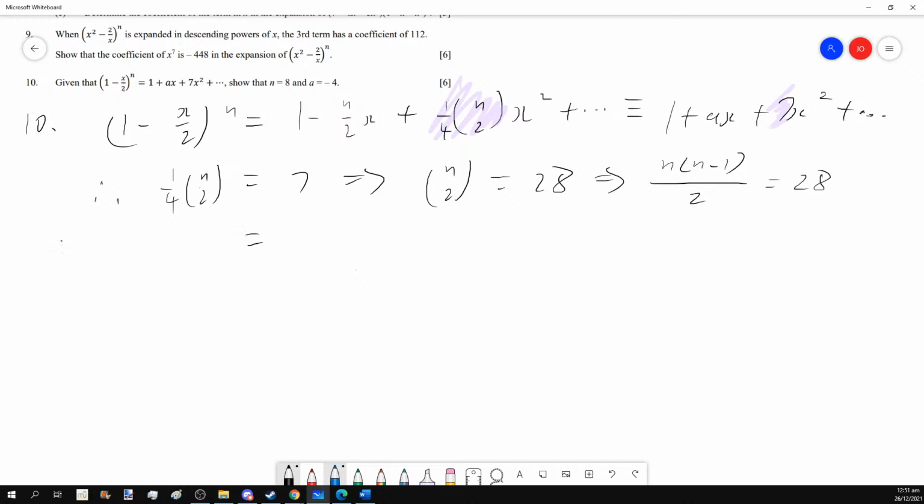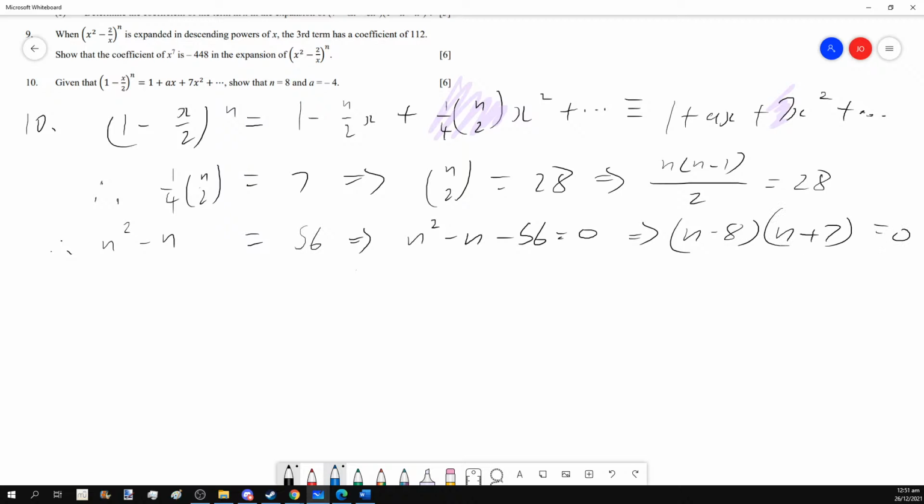This will then give us n squared minus n equals 56. In other words, n squared minus n minus 56 equals 0. In other words, n minus 8, n plus 7 equals 0. Right? And therefore, we will say that n is equal to 8 or negative 7. We will obviously reject the negative one.